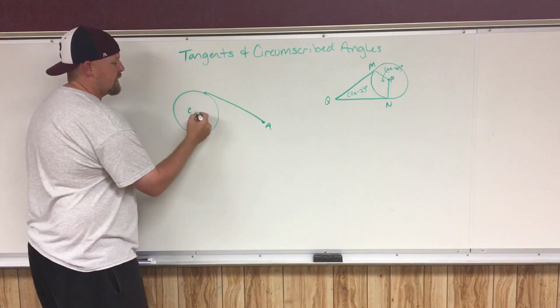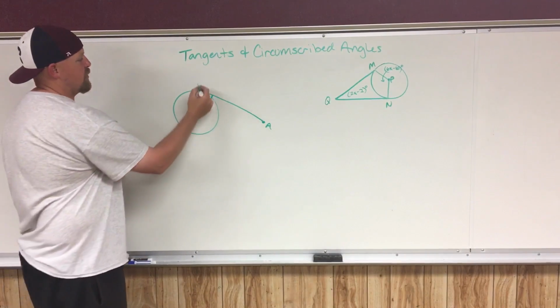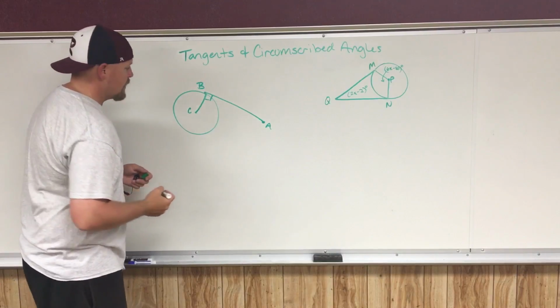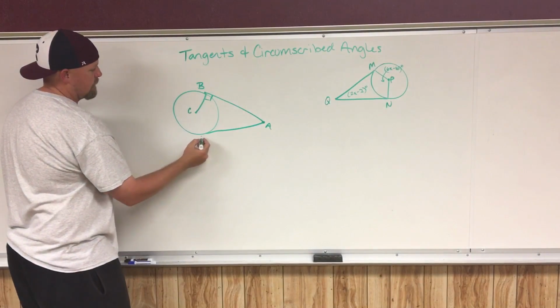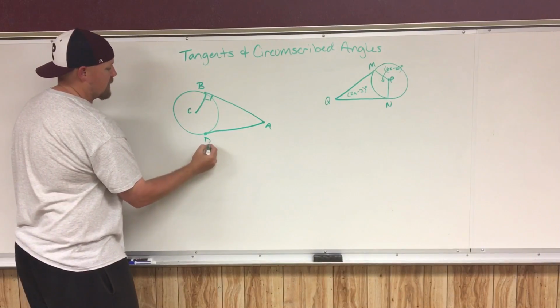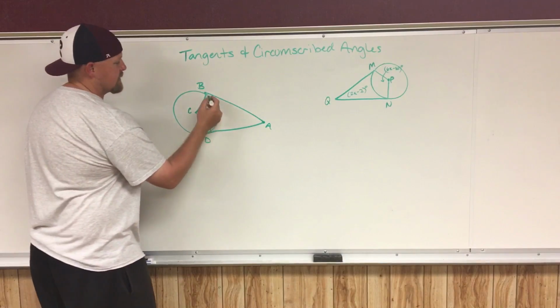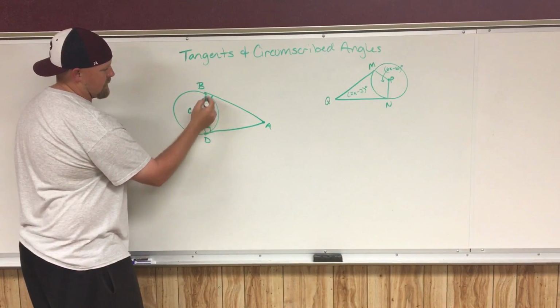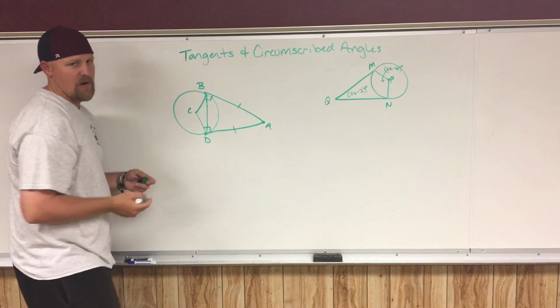Well, that means that it is perpendicular to that radius. We'll call this point B. And then, if we draw this same line down here, we'll call this point D. This is also perpendicular. And guys, this triangle right there, we'll call it BDA, is an isosceles triangle.